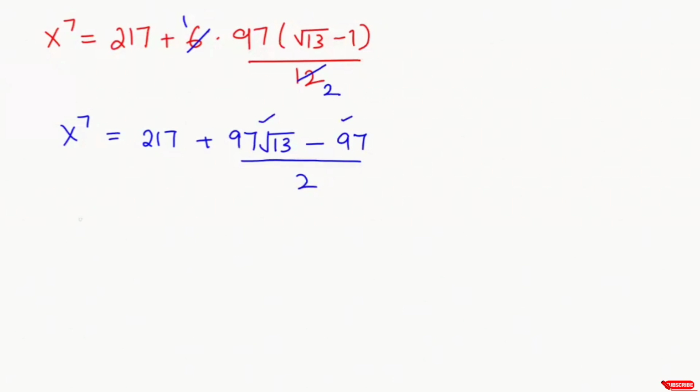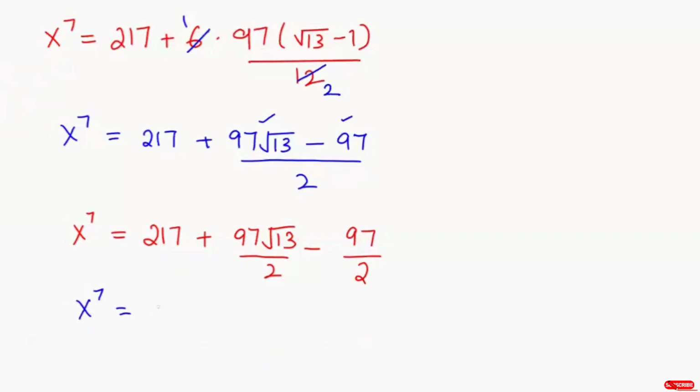I'm going to write x to the power of 7 is equals to 217 plus 97 root of 13 over 2 minus 97 over 2. Now first I'm going to rearrange this. x to the power of 7 is equals to 217, I'm going to arrange with minus 97 over 2 plus 97 root of 13 over 2.